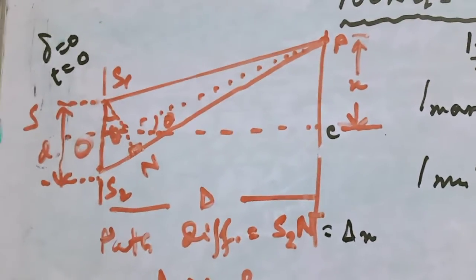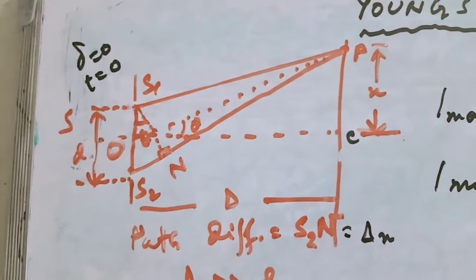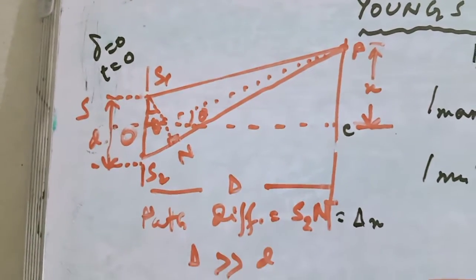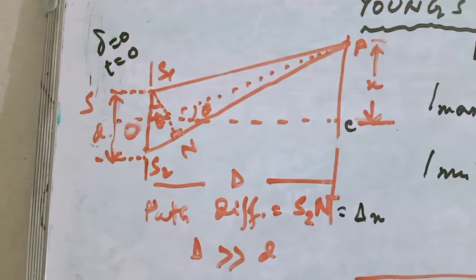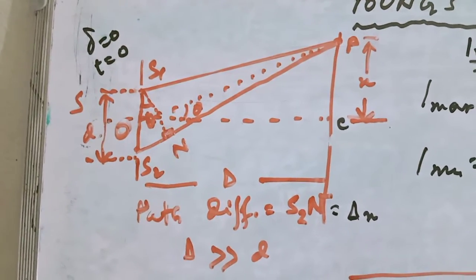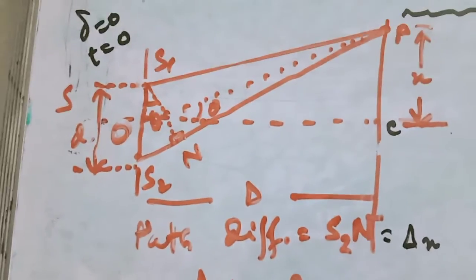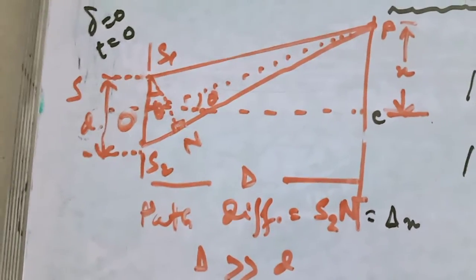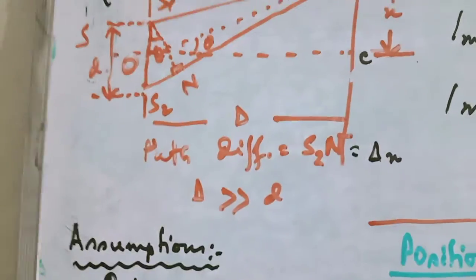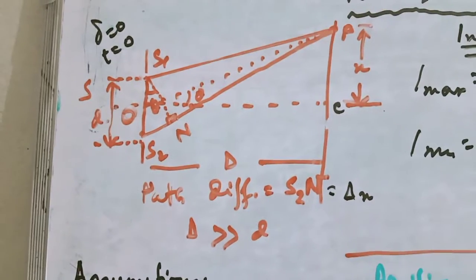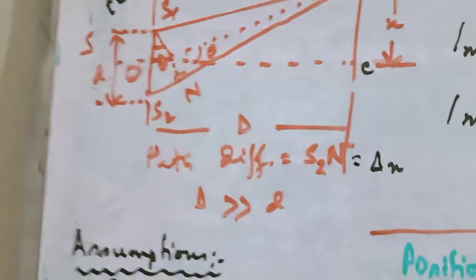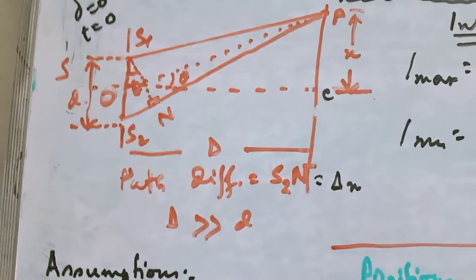Now there are some assumptions which must be considered in this case. That means capital D, the distance between the screen and the two secondary sources, is much greater than small d. Small d is the distance between the two slits.